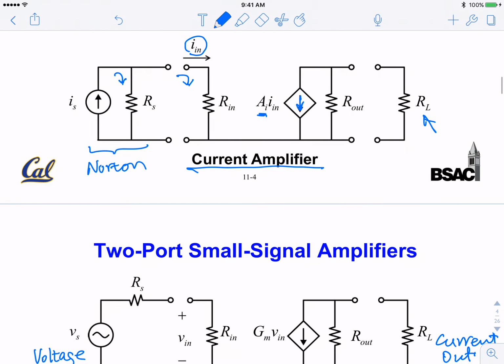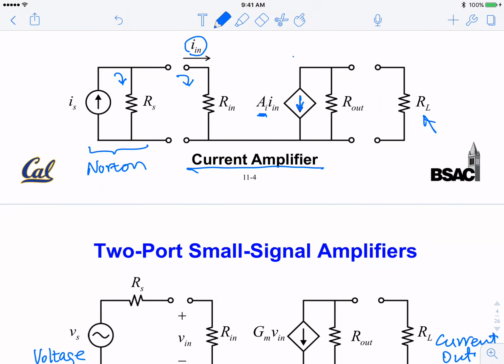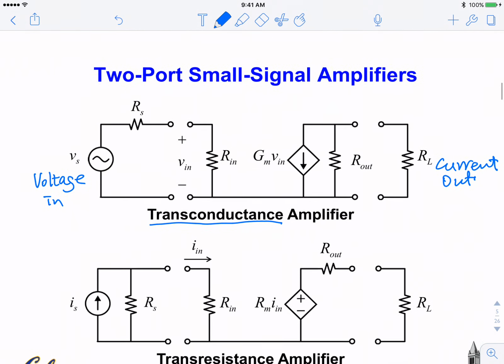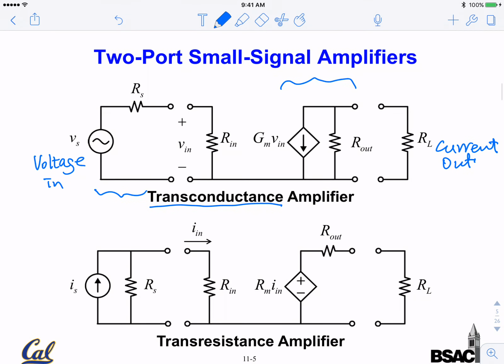So if you compare here, the current amplifier has a Norton connection here, and at the input, the source, you represent by a Thevenin equivalent circuit. Okay. You also have the other type, that's current in, but voltage out.